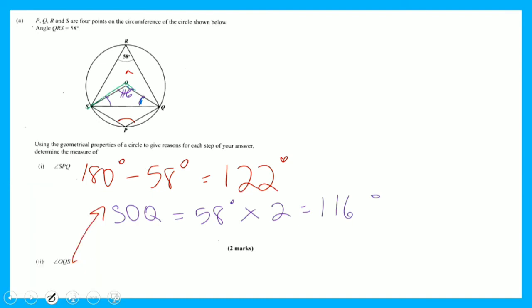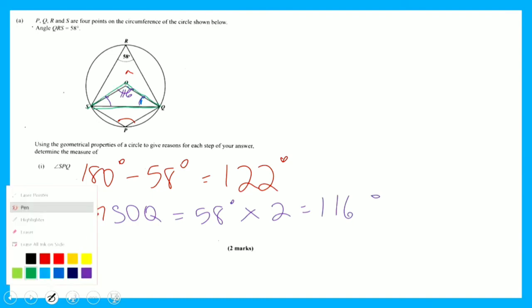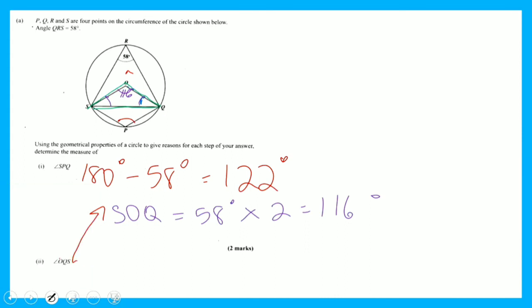Which means inside this triangle, the other two angles should help the 116 make up to 180. Plus, we know it is an isosceles triangle. Please look out for those isosceles triangles. So angle OQS is equal to 180 degrees minus 116 degrees, and whatever that answer is, we divide by 2.